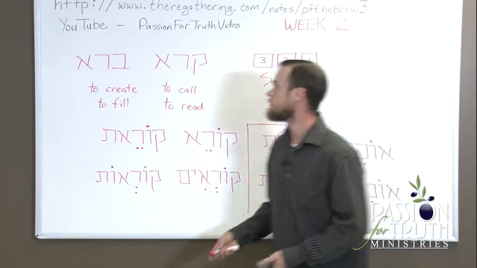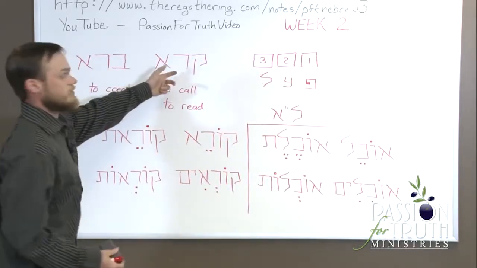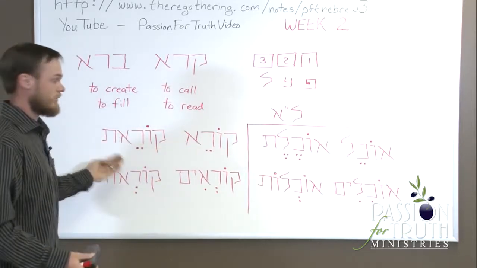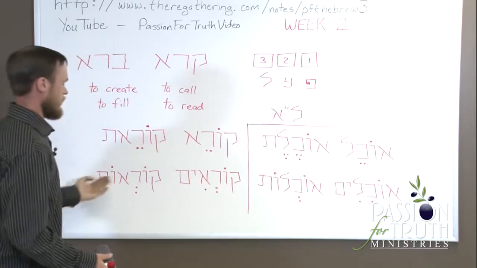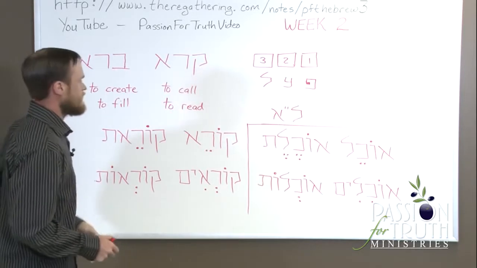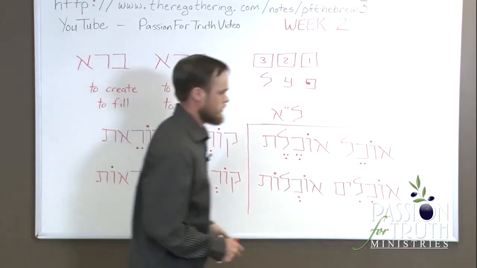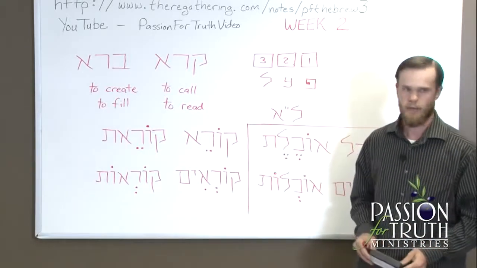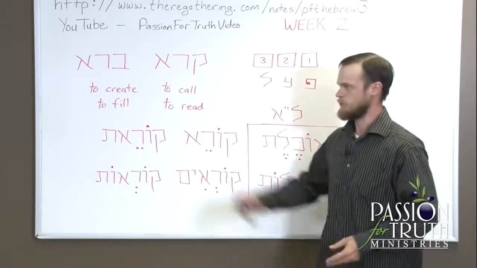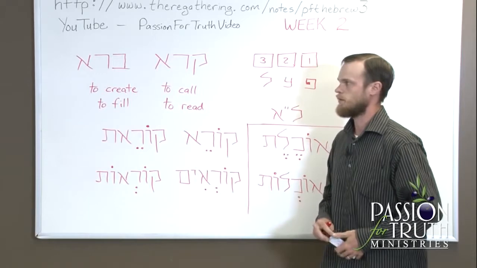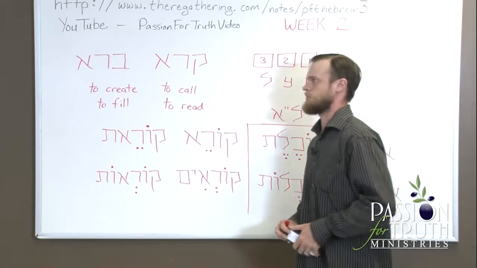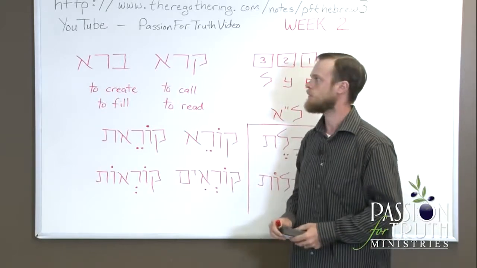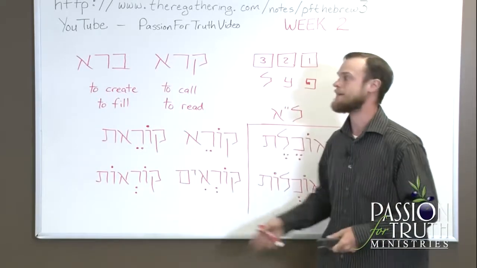So this would follow the same pattern as this, so it'd be bore, borah, borim, borot. You usually find it in the singular in the scriptures because usually God is the one described as creating. It is used to apply to others as well, but in those senses it usually doesn't mean to create. It's usually a kind of parallel idea.